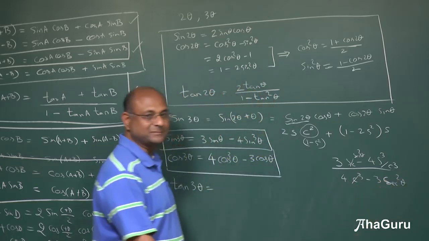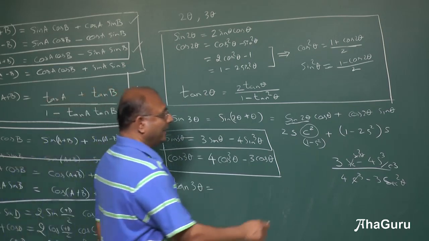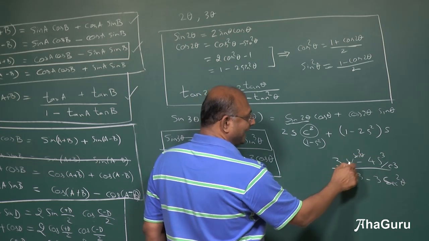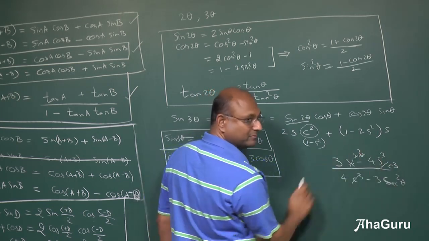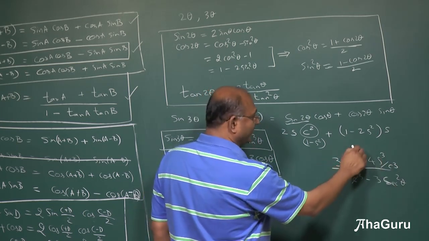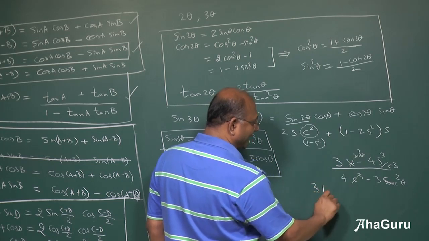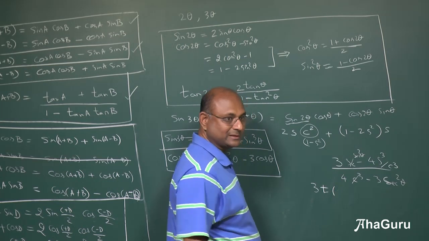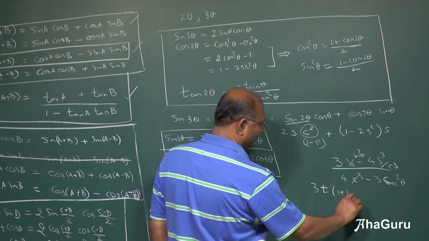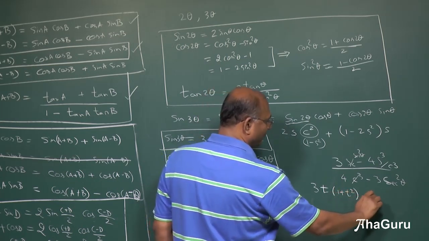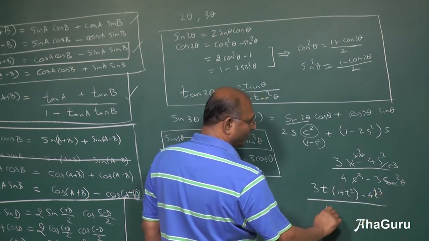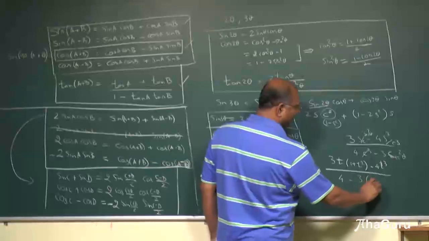Does everybody follow what I'm saying? And then this is tan into secant square. Now this tan, that is also tan cube. Now secant square you can write as 1 plus tan square. So 3 tan into (1 plus tan square) minus 4 t cube, by 4 minus 3 into (1 plus t square).